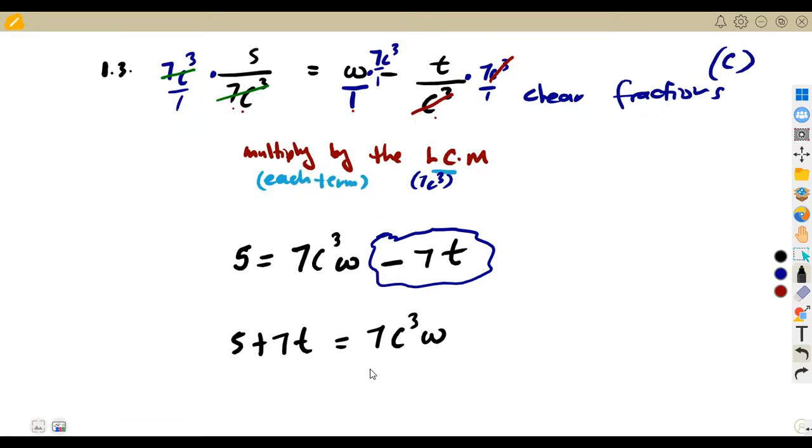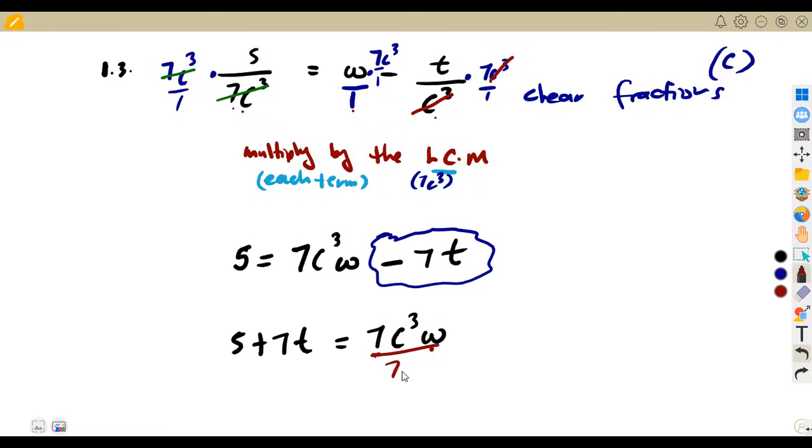Again, we ask ourselves, since we are left with one term, this term consists of c, but it also has other parts that are affecting it, which are the 7 and this omega. So we are going to divide by them so that we remain with a term that consists of c only.